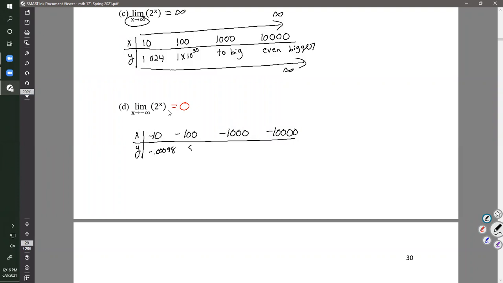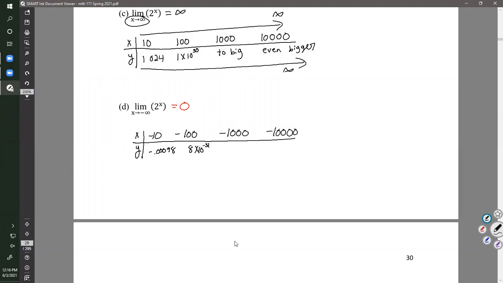Then we get 8 times 10 to the negative 31. If you get that number, that means we moved the decimal point to the left 31 times. So there are 31 zeros in front of that 8. It's a lot of zeros.